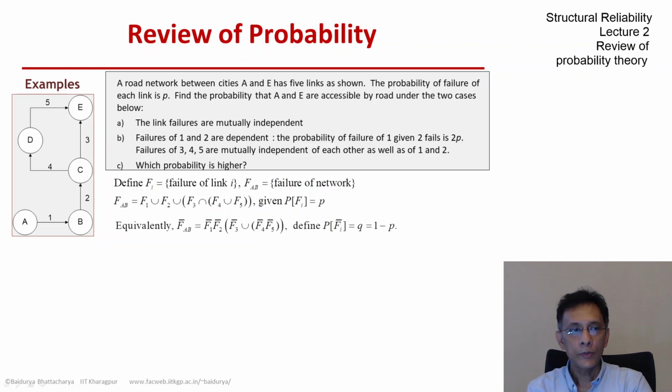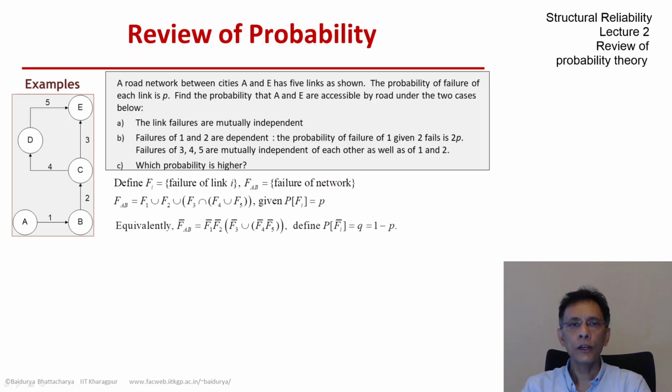Road 2 must be open, and between C and E, either 3 must be good, or 4 and 5 together must be good, or both. So that gives me the Fab bar expression that you see on your screen.